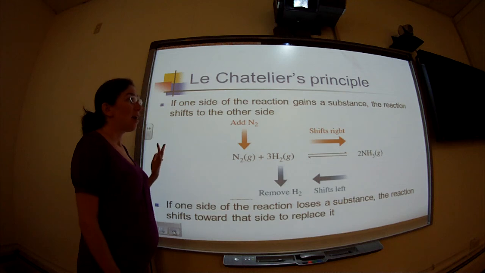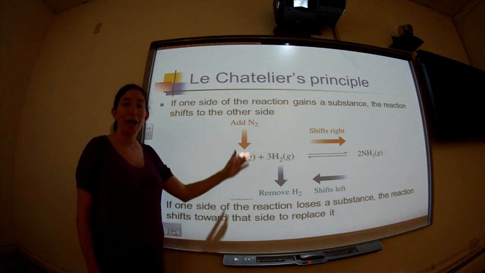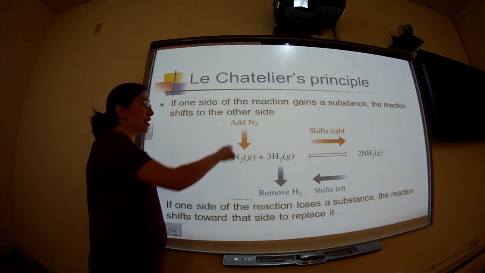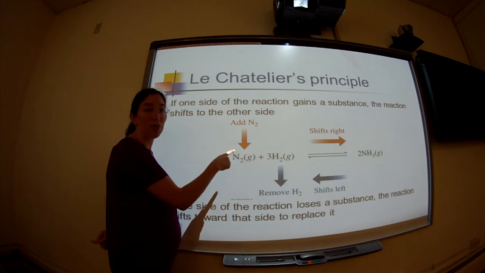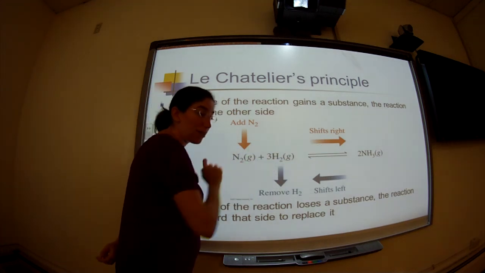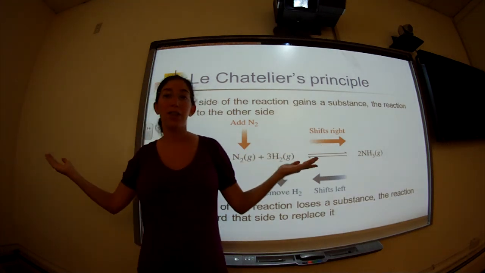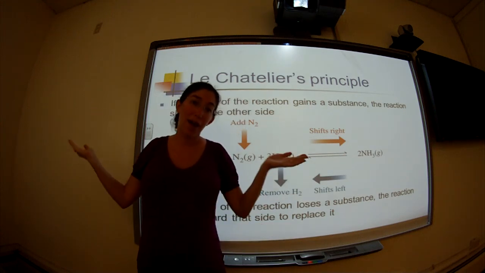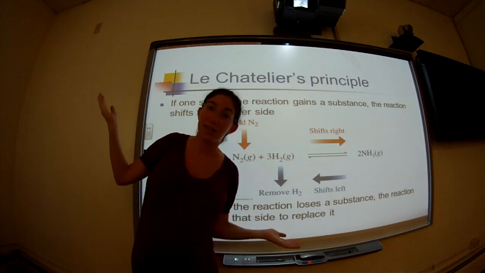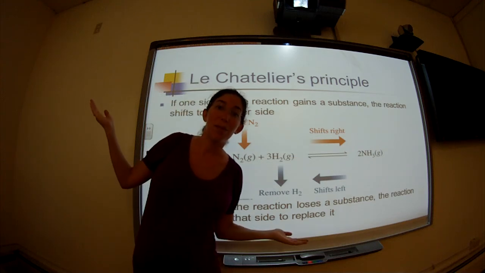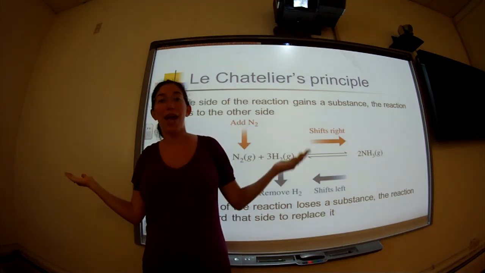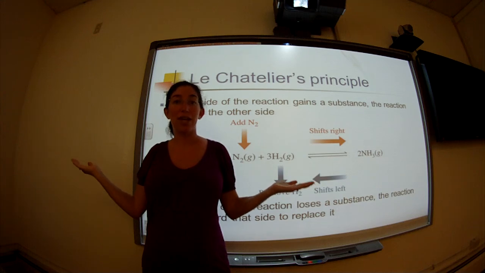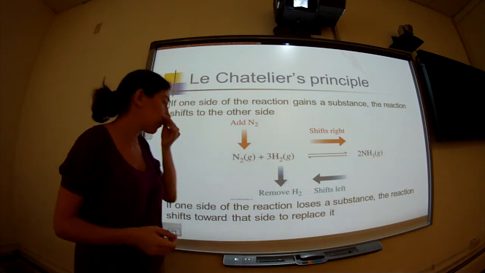If you add a substance, either one of the reactants or one of the products, it's going to cause the reaction to shift in the other direction. Think about the scales. If you add a product to this side, the scales tip, so you need to tip them back. You need to move the reaction in the other direction to get the scales even again.